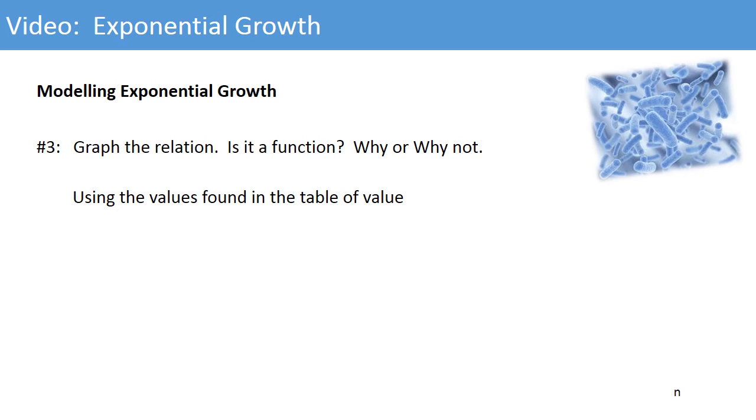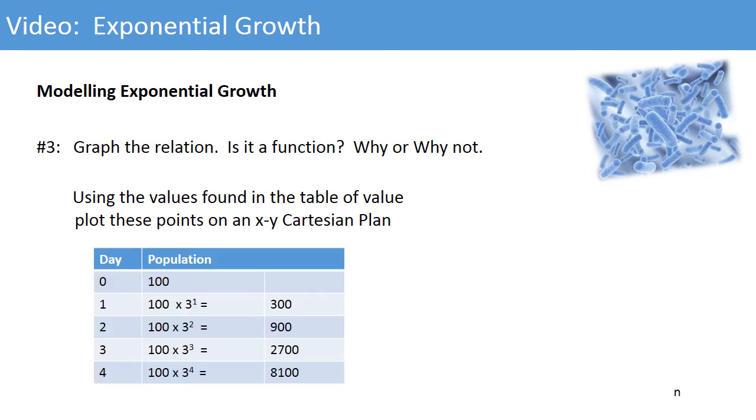Let's start by using the values found in the table of values. Then, plot these points on an XY Cartesian plane. Here are the values in a table of values. The day, 0, 1, 2, 3, 4, and the total population, 100, 300, 900, 2700, and 8100.